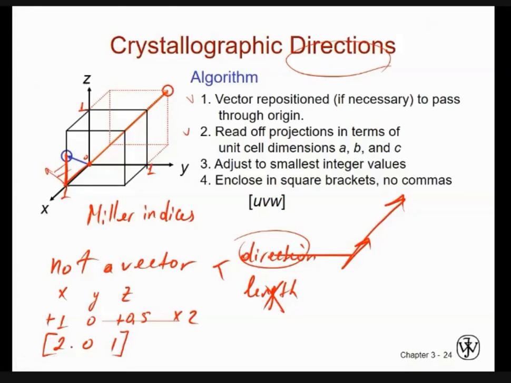We don't use any kind of comma. So [2 0 1] is the Miller indices that represent that blue vector over here. Let's try to do this red one over here. I will do it here, x, y, z. So we are at this point. Let me change the color.